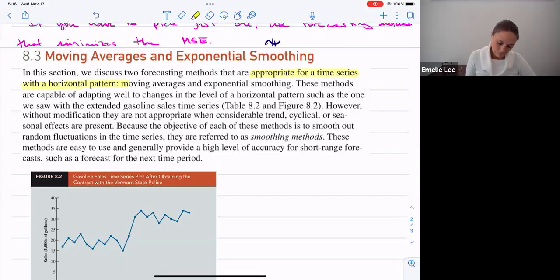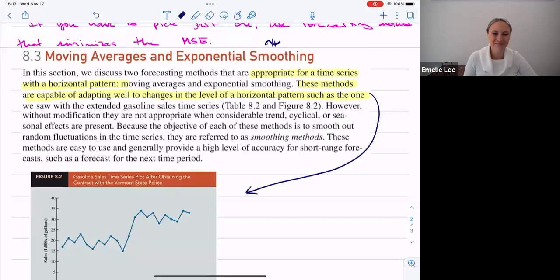And these methods are capable of adapting well to changes in the level of a horizontal pattern, such as the one here. So we're going to talk about moving averages and exponential smoothing.